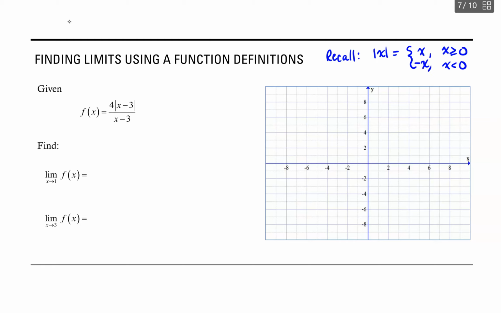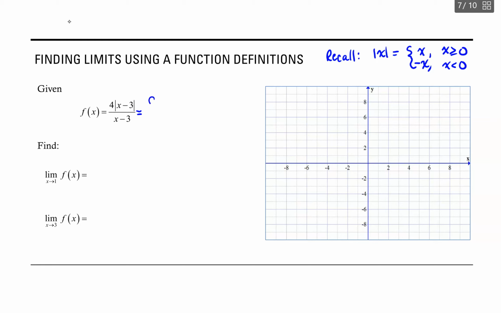So for example, if x is negative 2, then the absolute value returns the opposite of negative 2, which is positive 2. So we're going to use this idea here with the absolute value of x minus 3.